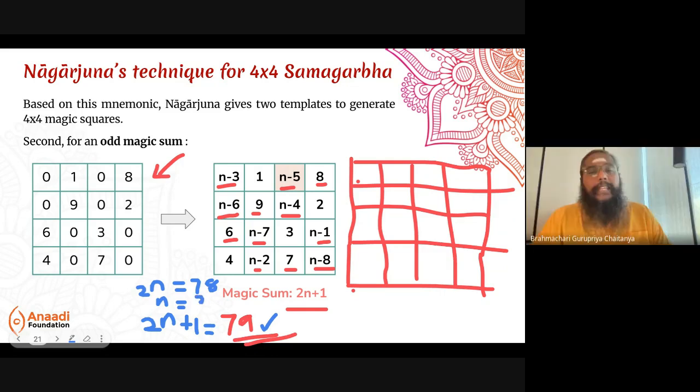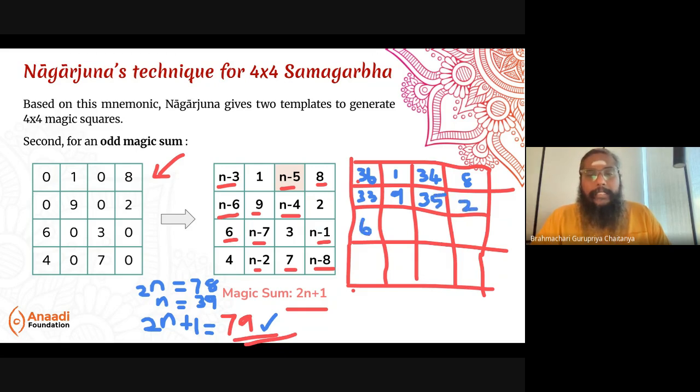So now if you plug n as 39, 39 minus 3 is 36. Then 39 minus 5 is 34. Then 8 as it is, 8. N minus 6, 39 minus 6, 33. Then 9, and this is 35. Then we have got 2.